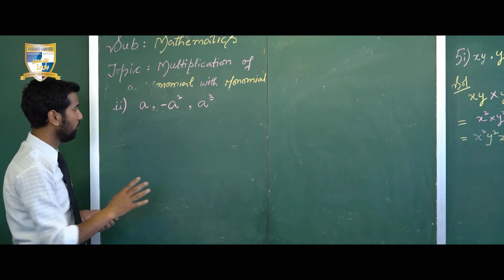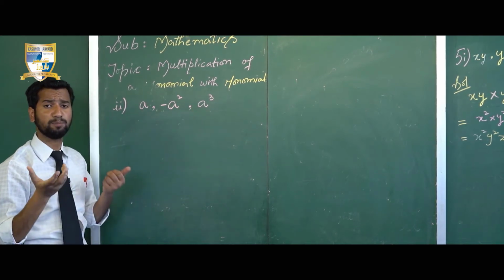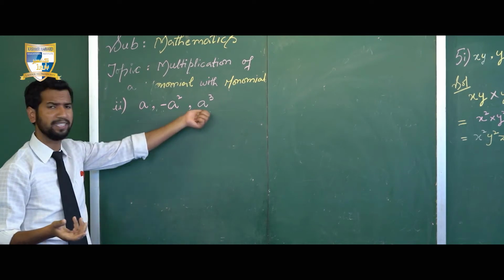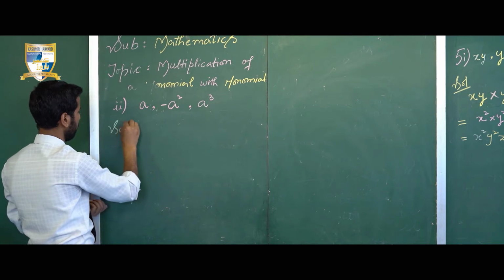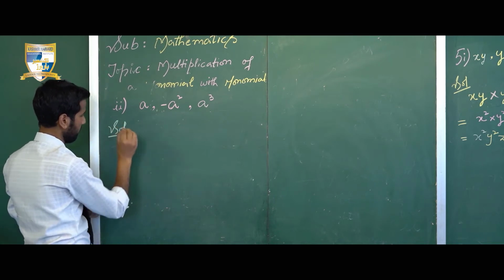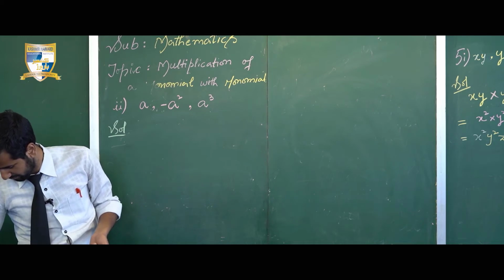So once again we have 3 monomials and the question is asking for the product. Product simply means multiply them. So what we are going to do here, we are going to multiply them.